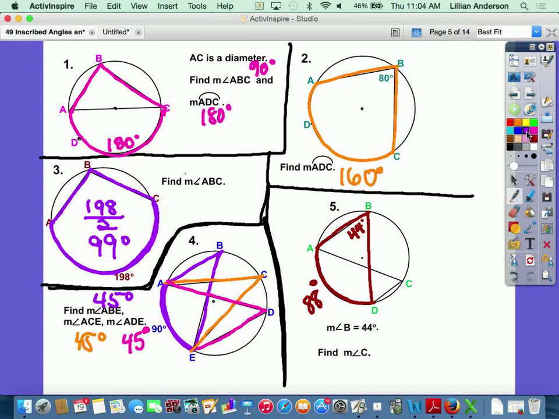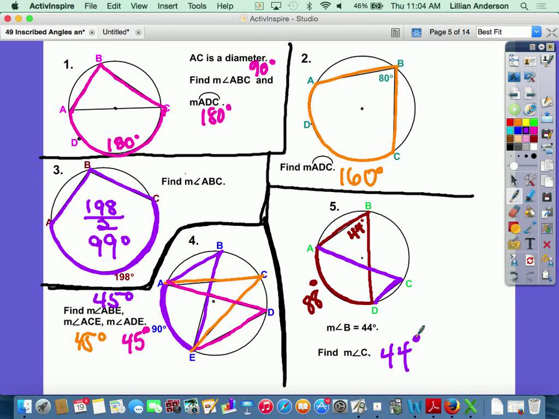Now the question asks me to find the measure of angle C. Well, here's angle C. The angle is going to be what? 44. And how do you know that? They have the same intercepted arc. So remember, if they give you the arc, you divide by 2 to get the angle. If they give you the angle, you double it to get the arc.